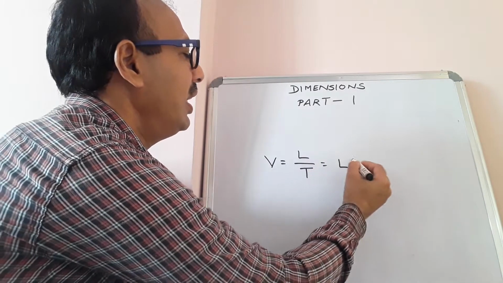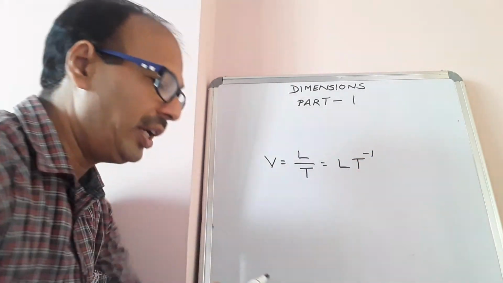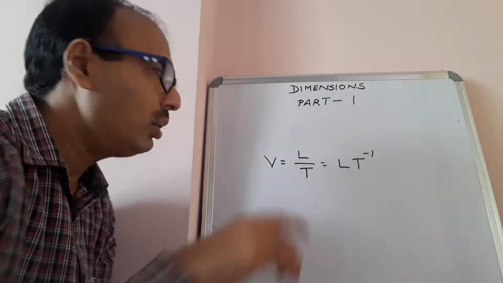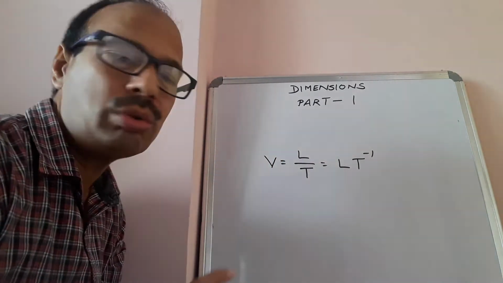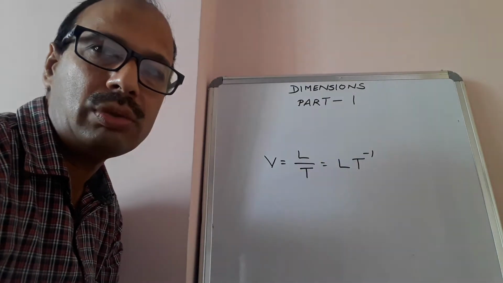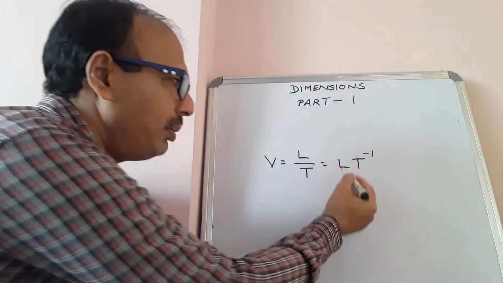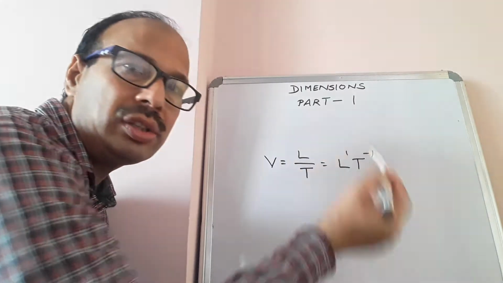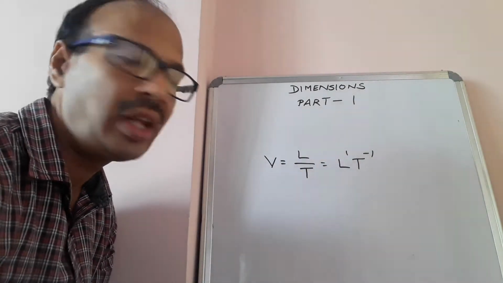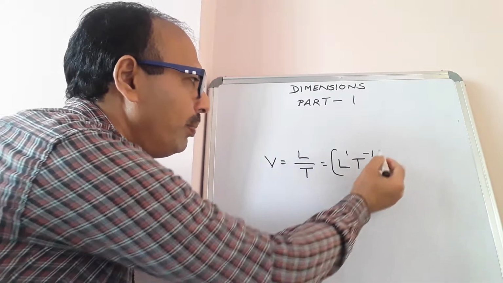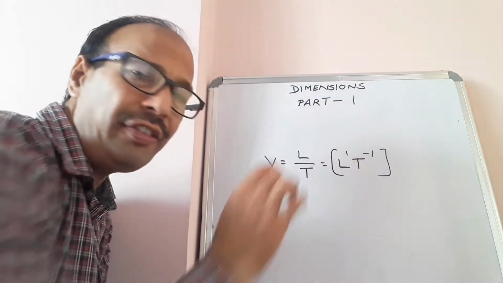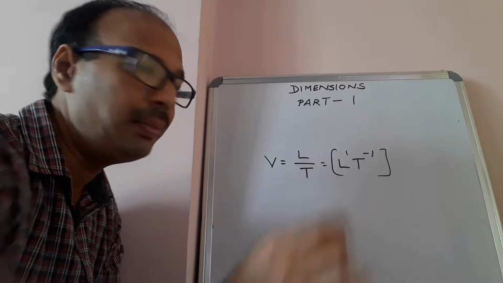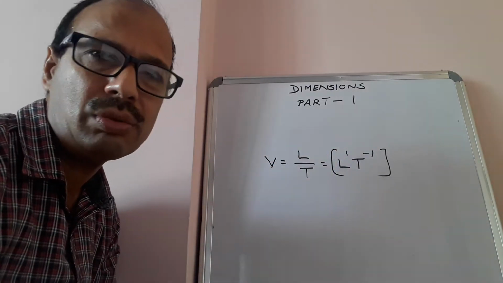So we will write L t power minus 1. So if we want to write the derived quantity in terms of fundamental quantities, then the fundamental quantities are to be raised to some powers, and we will show it as the product of different base quantities or fundamental quantities.